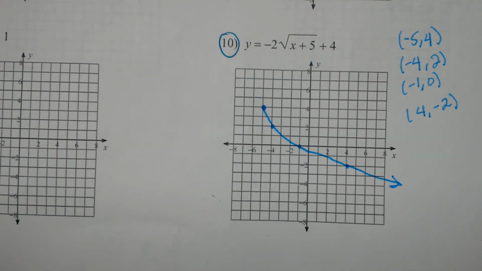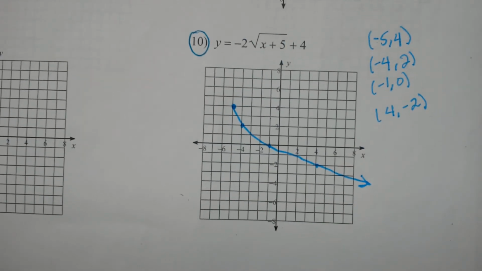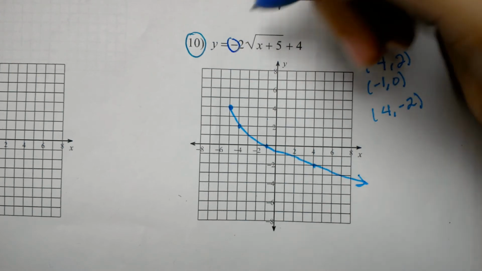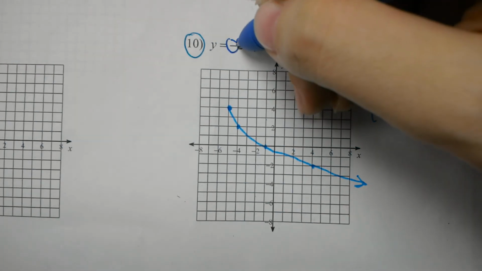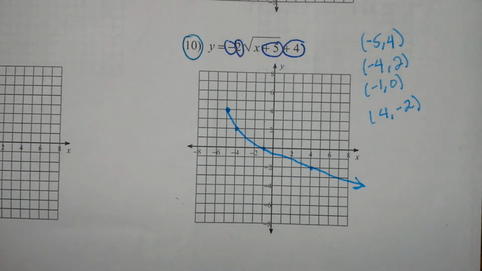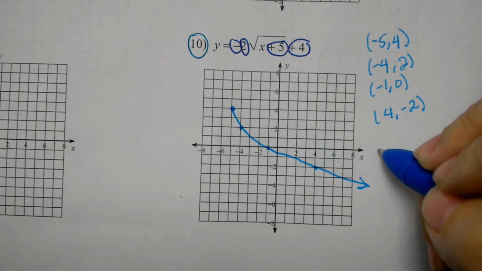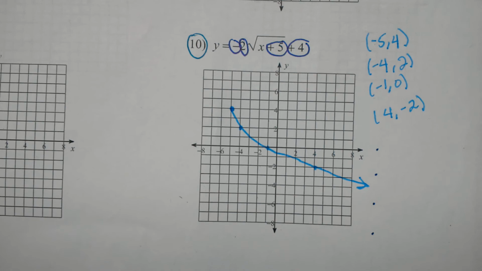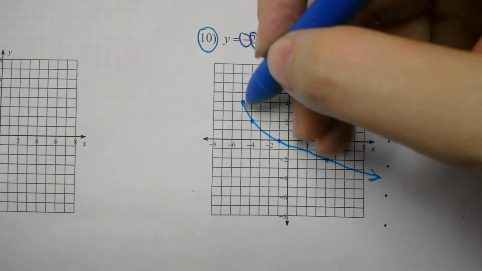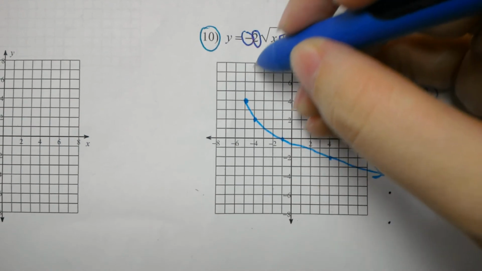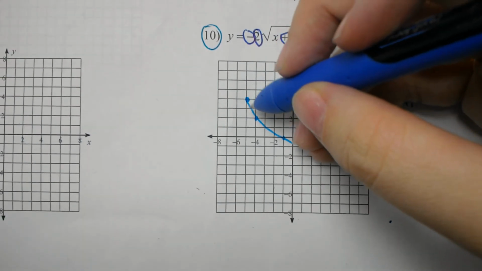So it looks something like this. I have a negative, I have a 2, I have a plus 5 and a plus 4. So I have 4 transformations happening in this equation. The negative is what made it flip upside down. It should have started at the starting point and then gone up, but now it's going down.